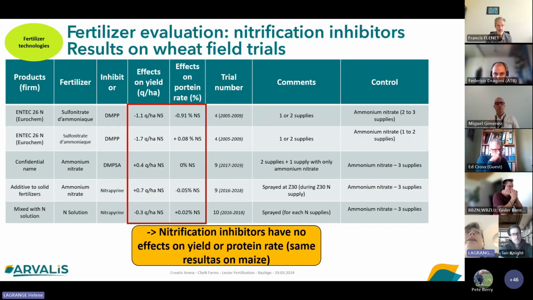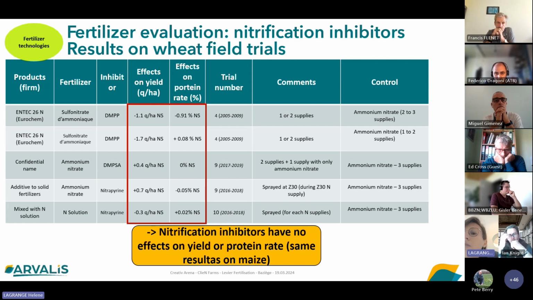And then we also tried other types of inhibitors. Here it's nitrification inhibitors. So we have here 5 types of inhibitors that were tested. And you have information on the control synthetic fertilizers we use. And so you can see that there are no differences in yield and also in raw protein between the use of the control or the nitrification inhibitors.